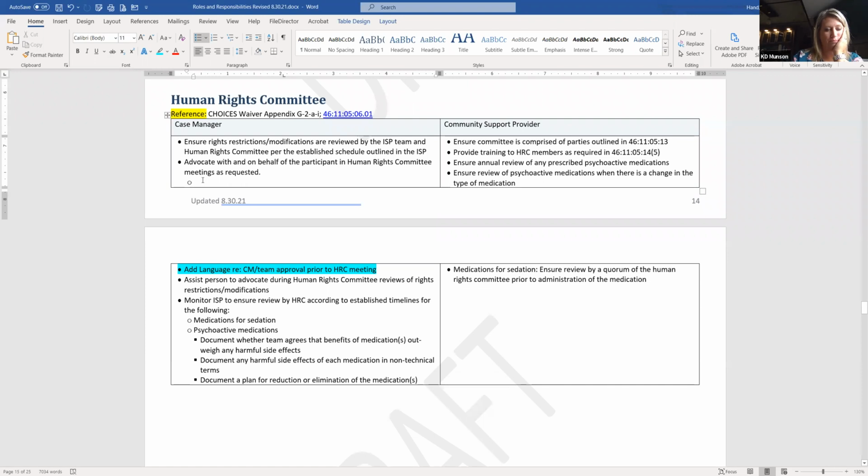So if we did some sub bullets, maybe this could say on behalf of the participant to the Human Rights Committee as requested, instead of saying meeting specifically. I'm going to need some help with any sub bullets on how that might be occurring, because I could make some stuff up, but I don't know that it would be true or helpful at all.